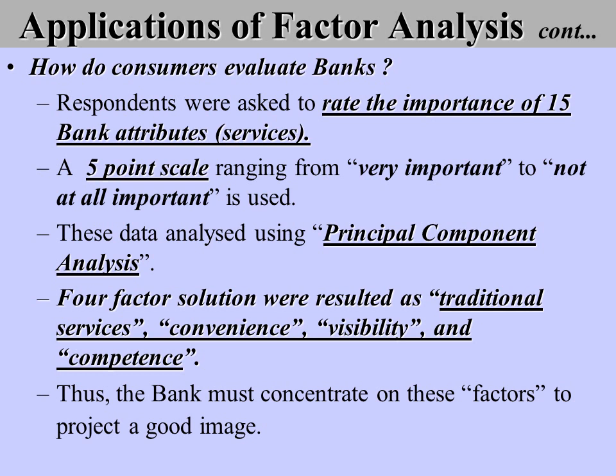I'm giving you another example apart from that. Say for example in a bank. A bank normally rates the importance of 15 bank attributes on a 5-point scale, 5 being very important, 1 being not at all important. So we run a principal component analysis, which is one of the methods widely used in factor analysis. They identified that 4 factors came out of this factor analysis, which are traditional services, convenience, visibility, and competence.